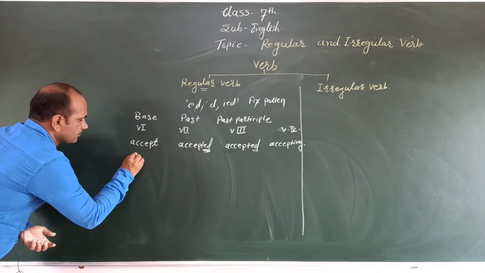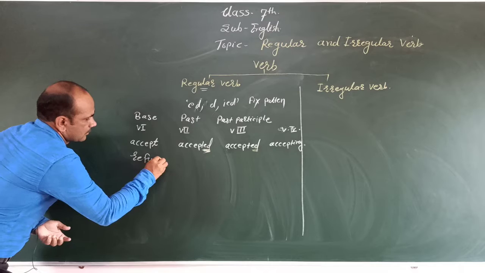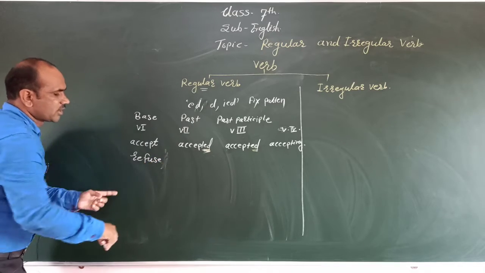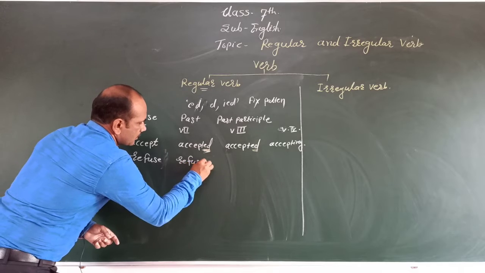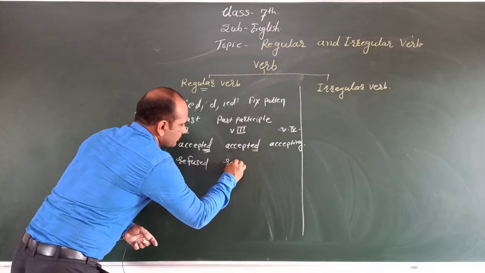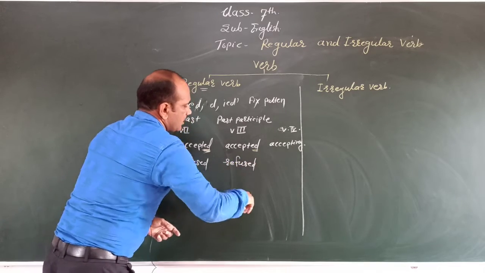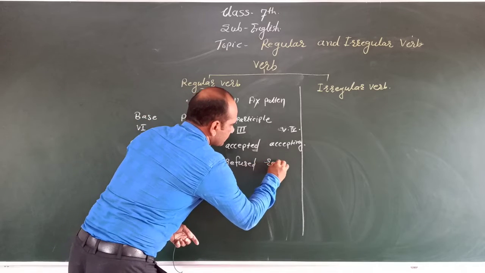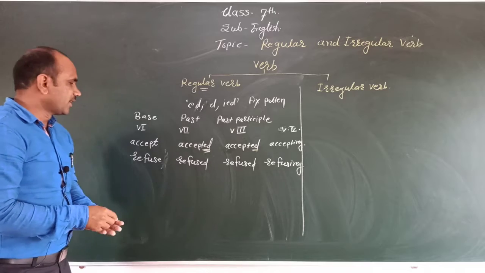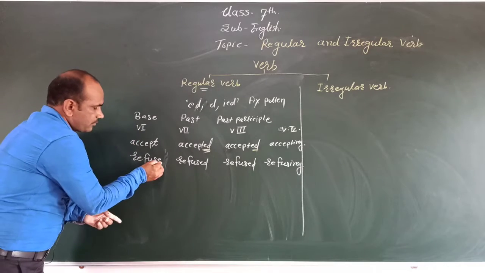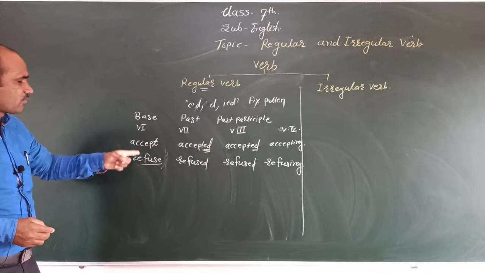Second, refuse. The first form is refuse, the second form is refused, the third form is refused, and the fourth form is refusing. Now pay attention here: the base form is the first form of the verb.